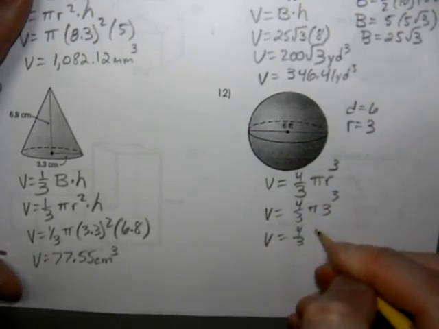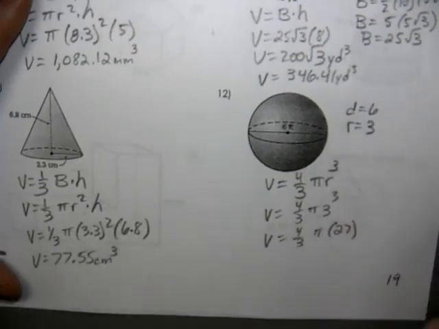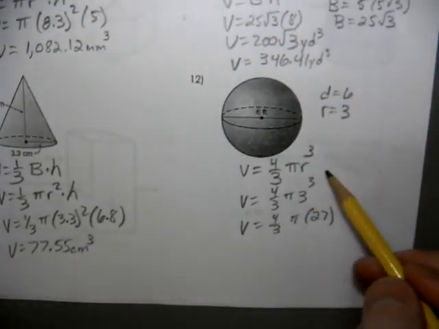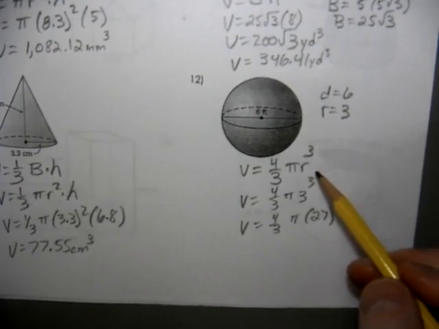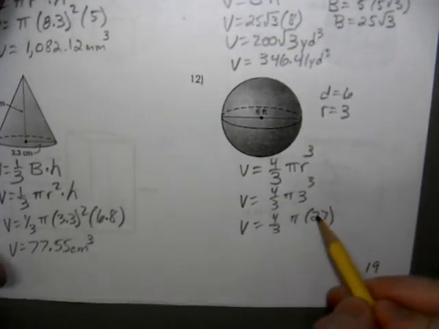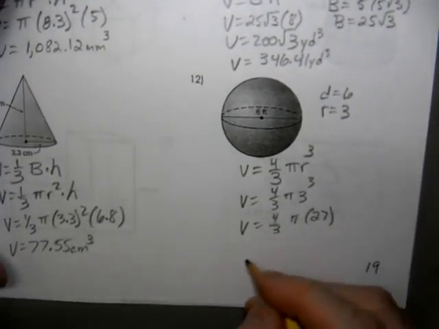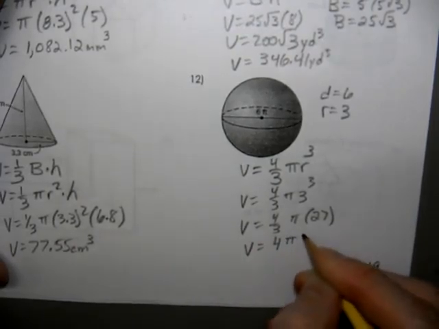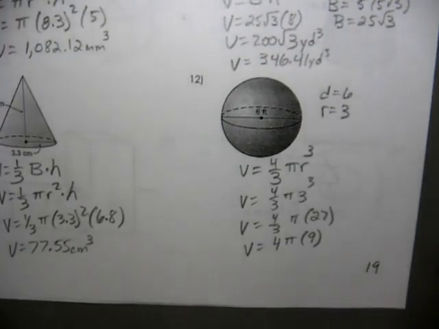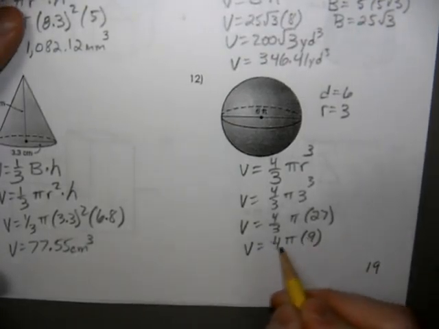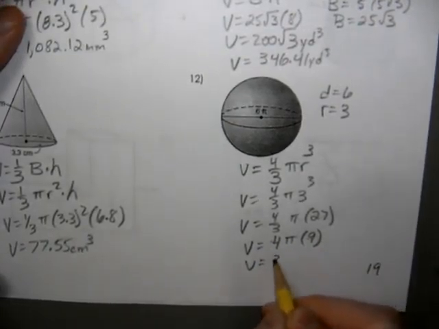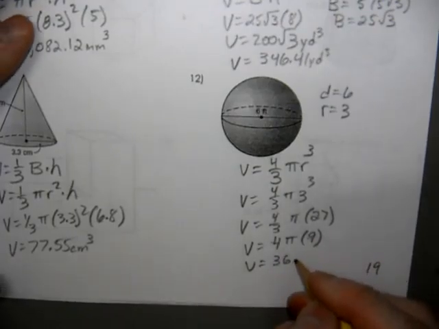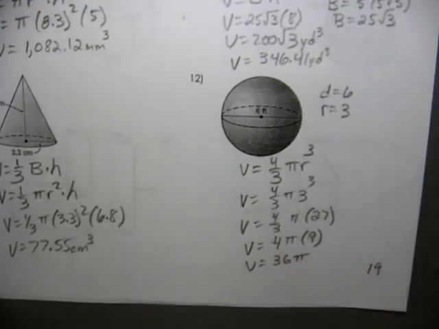Well, this will be a good one to show you the exact answer for, because 3 cubed, 3 times 3 times 3 is 27. I can take 1/3 of 27, which gives me 9. I can multiply my 9 and the 4 to get 36. So I have 36 pi.